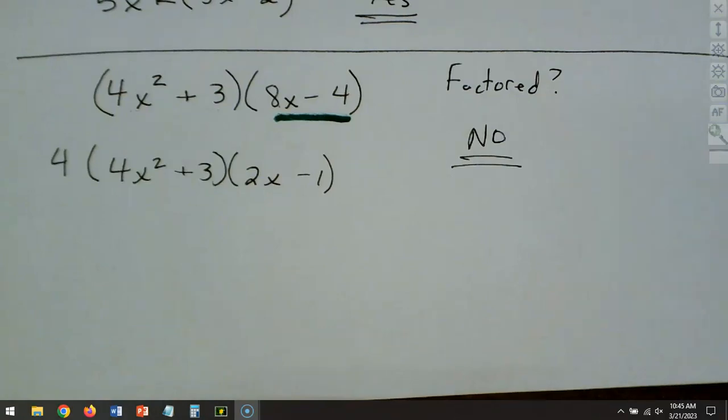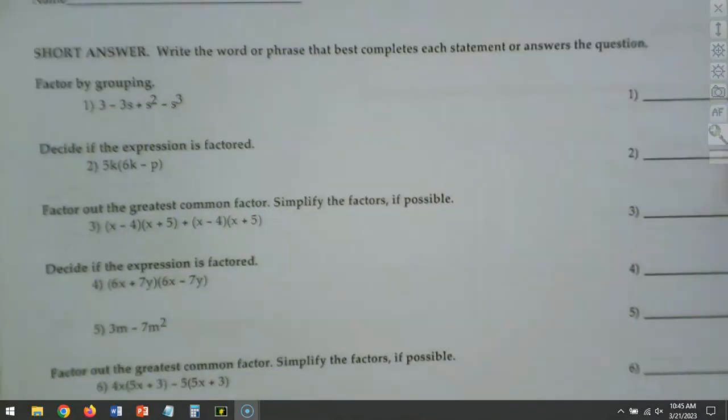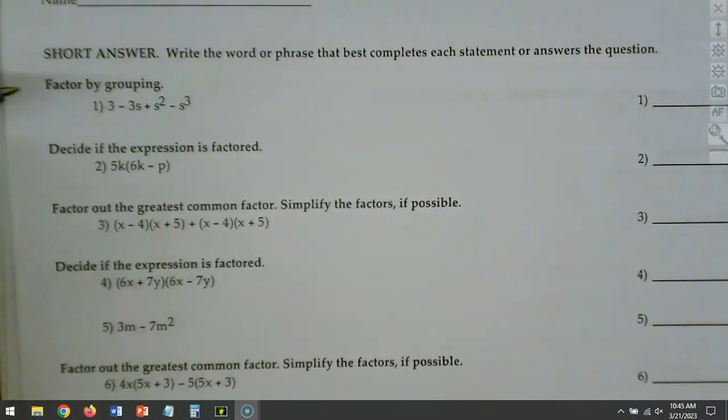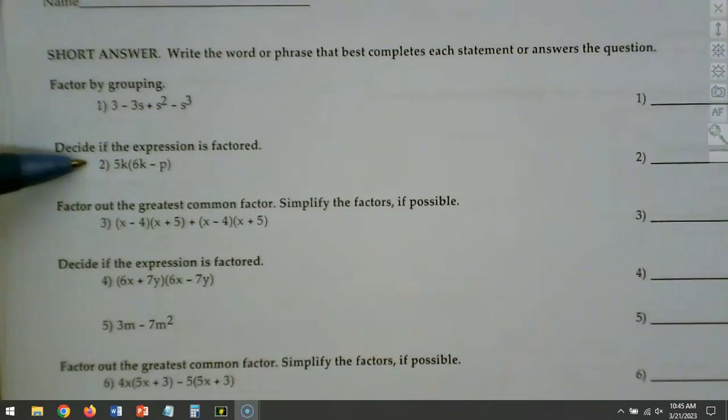So let's just do a couple of these. Let's look at question 2 from your homework. Someone can tell me, has this been factored, yes or no? Do you think this one's been factored or not? Yeah, this one's already been factored, hasn't it? Right? Nothing comes out.